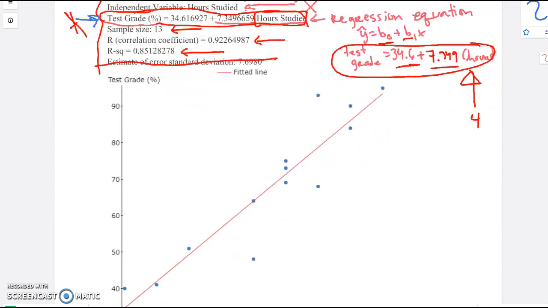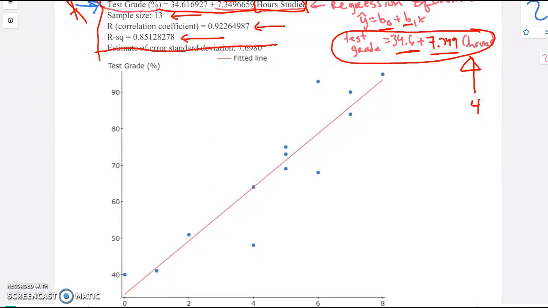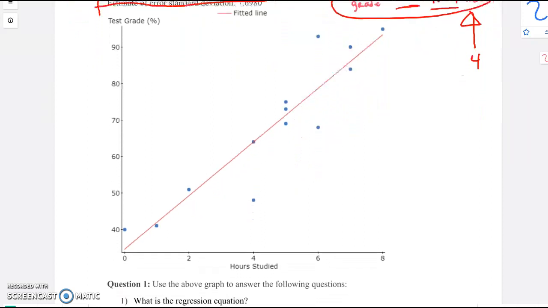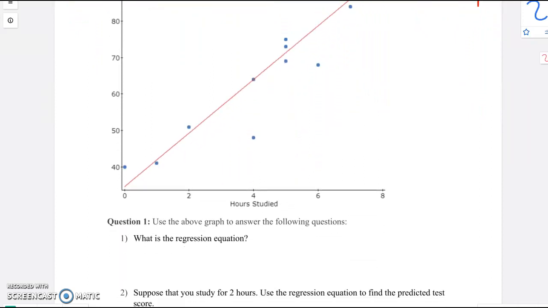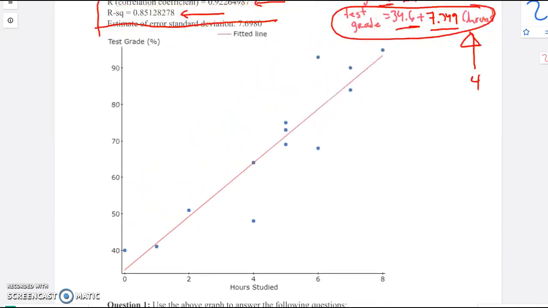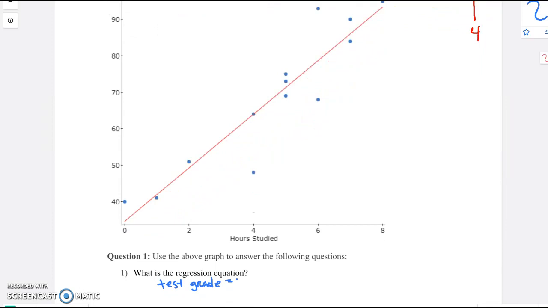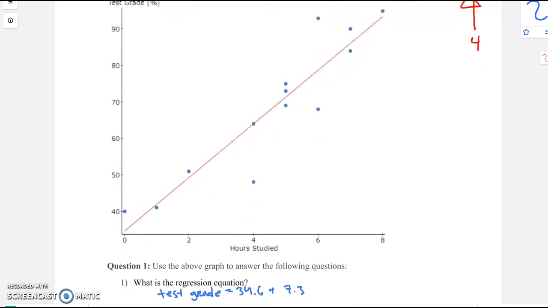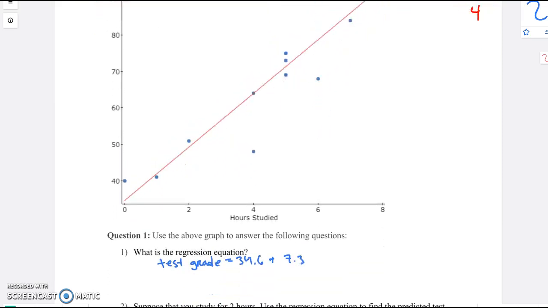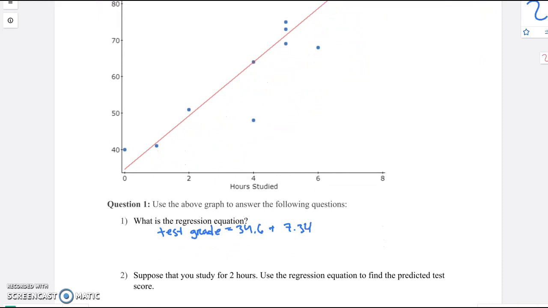So I can write test grade equals 34.6 plus 7.349 times hours.